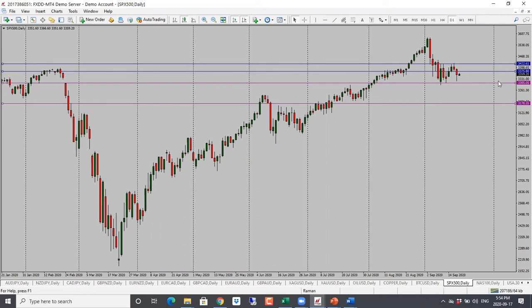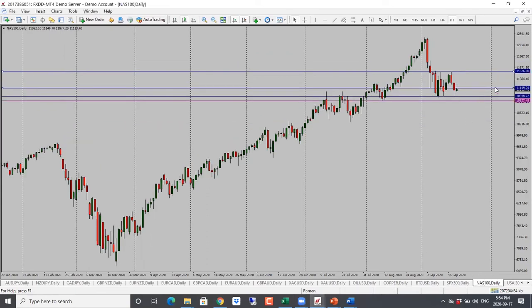And if it holds below that level, I'm looking for a drop back towards the bottom of the range here at 3,300. Now, once it goes through, then in that case, we're back into this 3420 level. So right now, this is neutral.